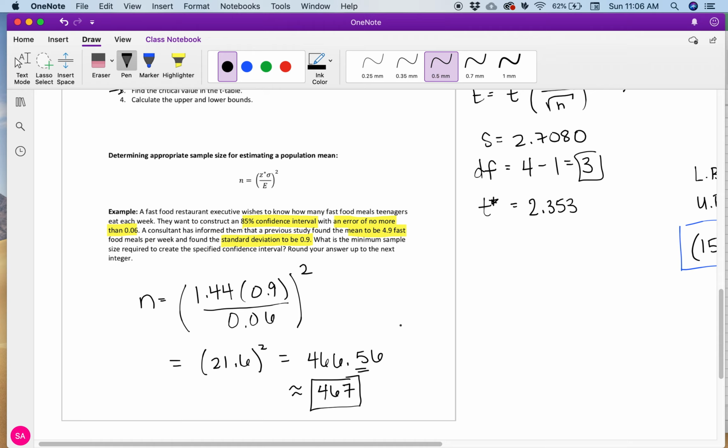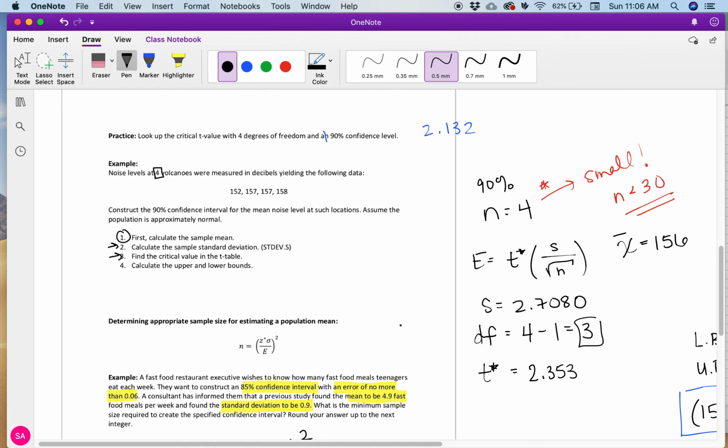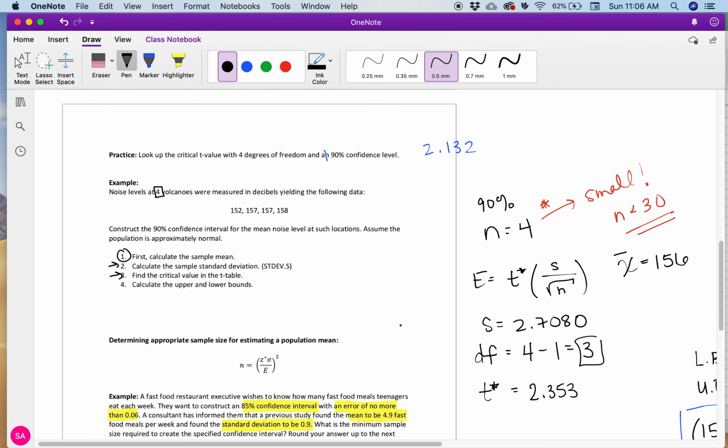Okay, so that is it for this week. Confidence intervals, and then working backwards to figure out the sample size needed for specific confidence intervals and errors. But what I want to reiterate on Hawks is you really have to read the problems for these.